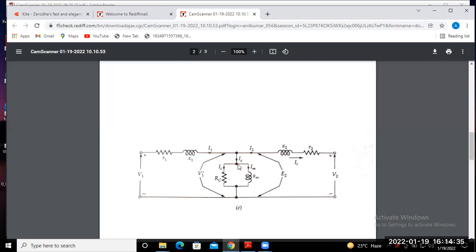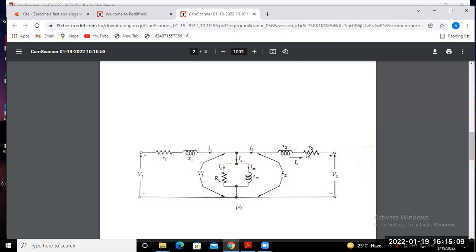If we simplify the circuit, either this side or this side, then we can place the shunt branch here, and this impedance and this impedance are in series. If the shunt branch is placed behind the primary leakage impedance, that means R1 and X1, then R1 and R2 are in series.